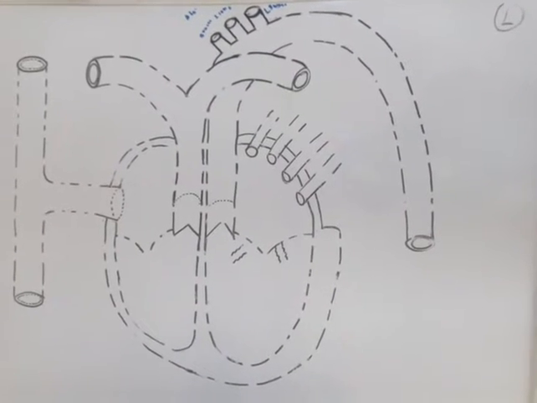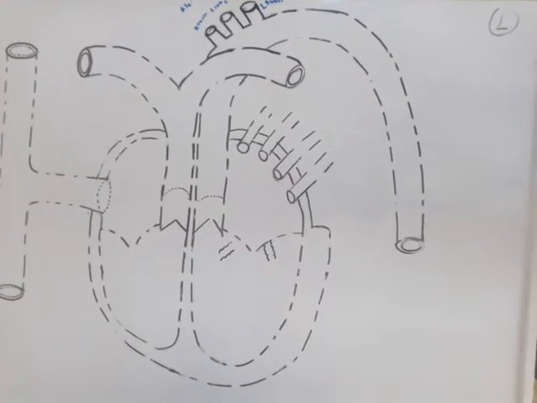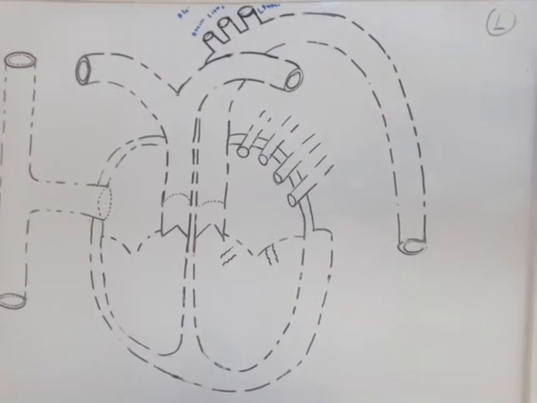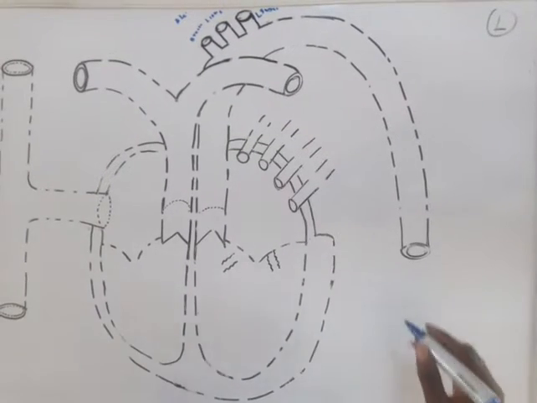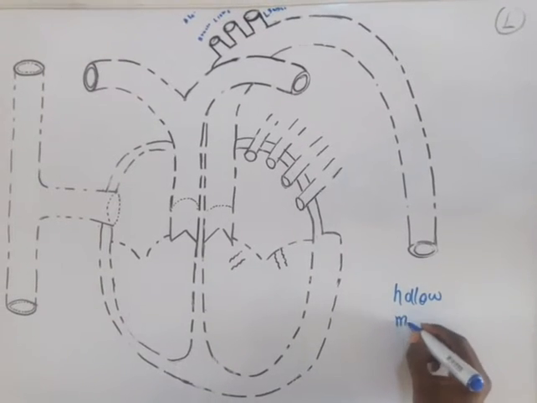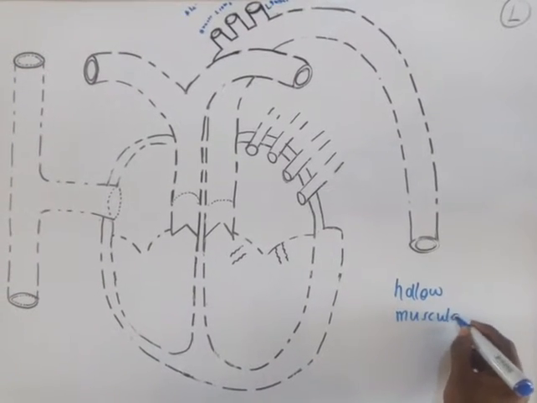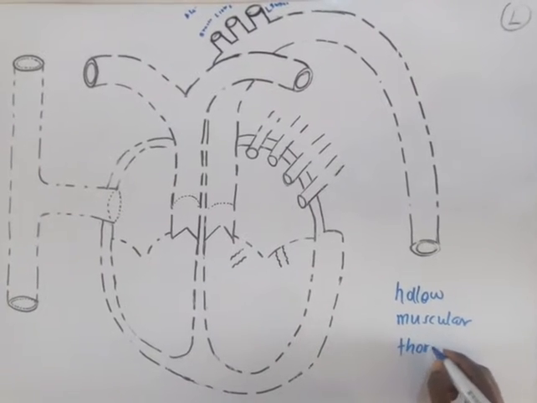The heart is a hollow muscular organ located in the thoracic cavity. A hollow, muscular organ found in the thoracic cavity.